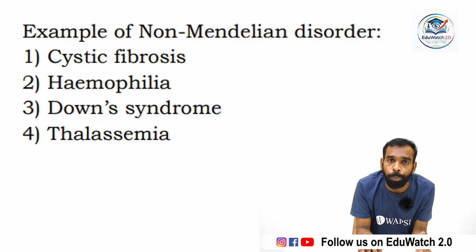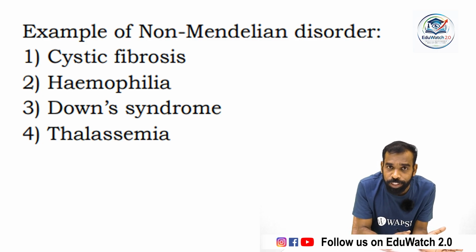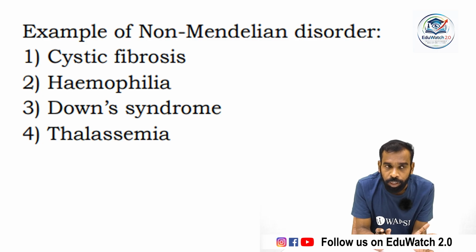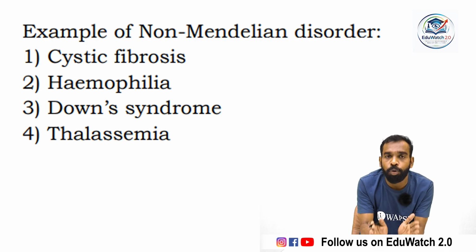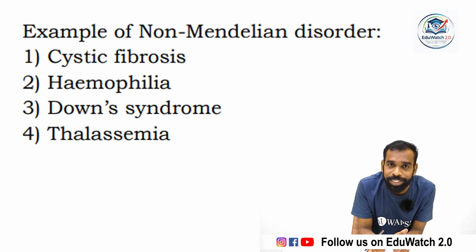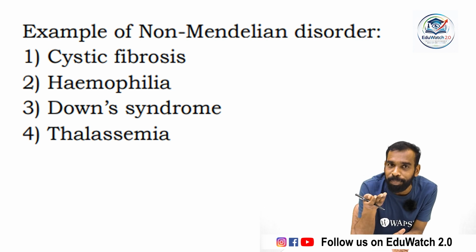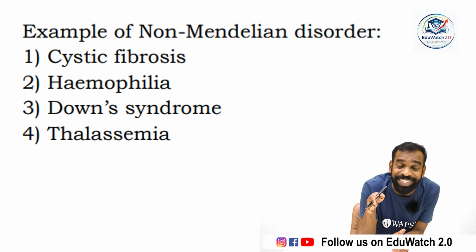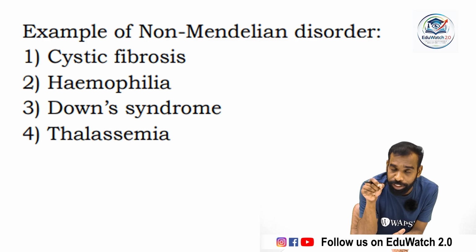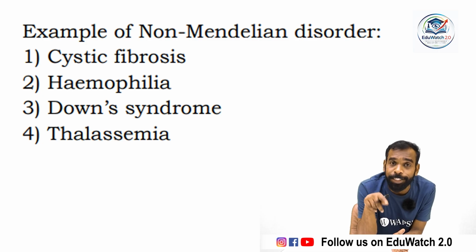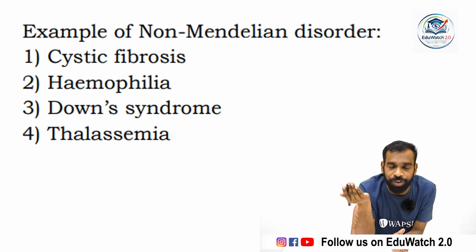Non-Mendelian disorder. What is the speciality of non-Mendelian disorder? Mendelian disorders will be inherited through genes. Get me? The characters, if positive or negative, sometimes a good character, sometimes a bad character, sometimes a disease or a particular disorder, will be transmitted from parents to offspring.